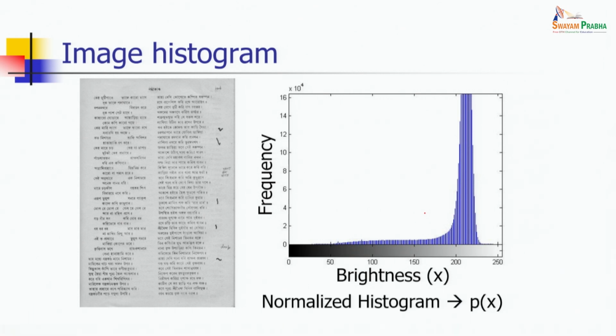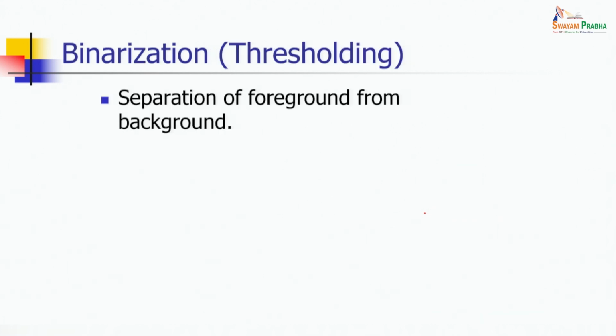If I normalize a histogram, that is, divide the frequencies by the total number of pixels, then it gives an estimate of the probability of those pixel values. It reflects certain properties or characteristics of an image.